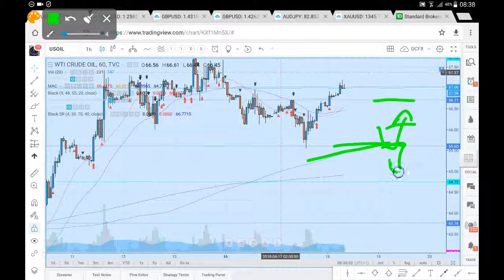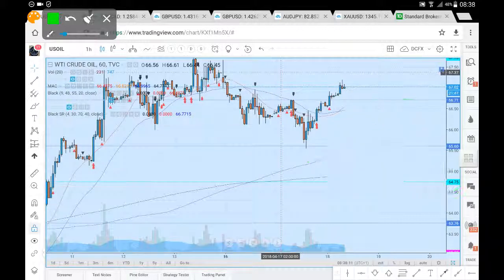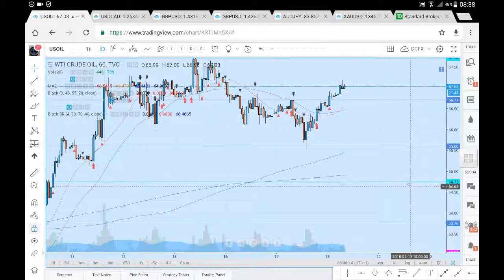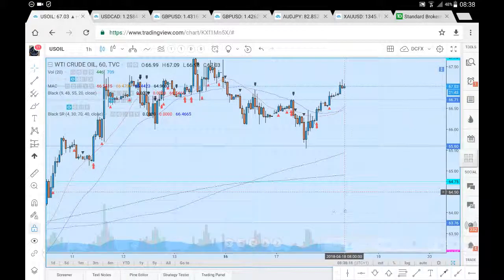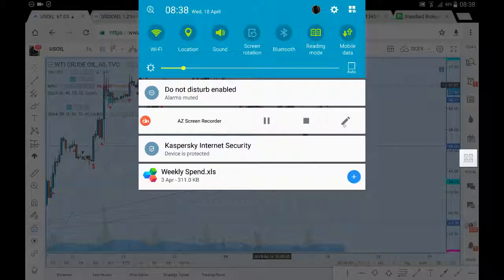And again, if we do break down from 65.60, we are looking for prices to progress all the way back down towards that 64.76.